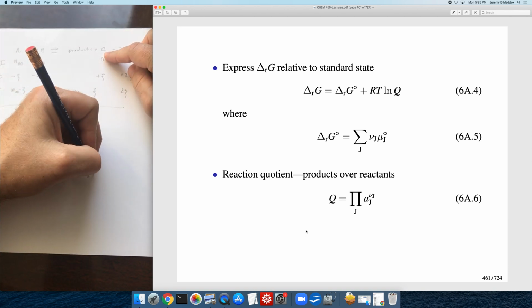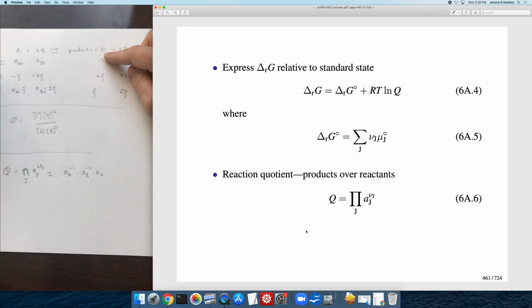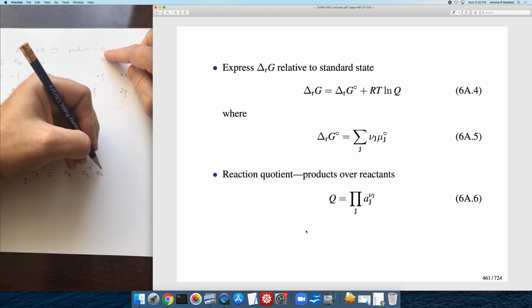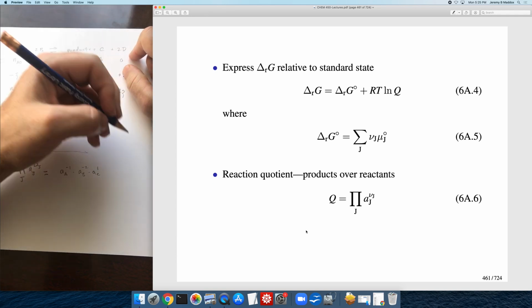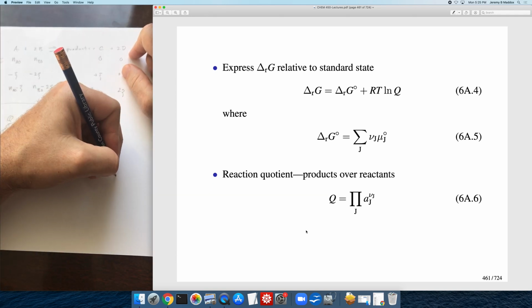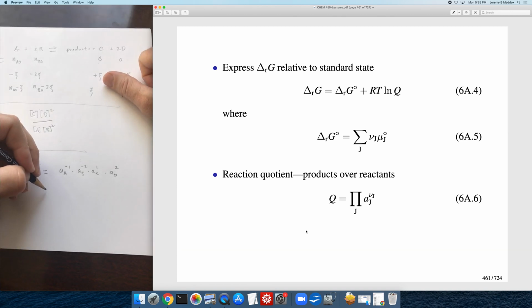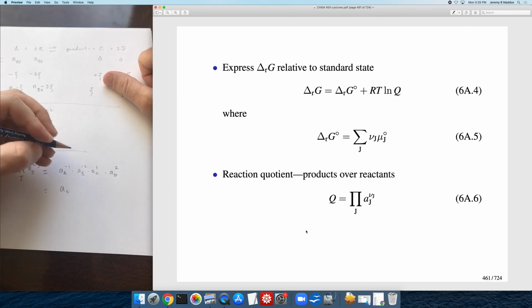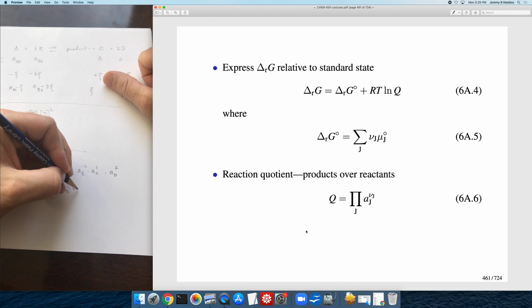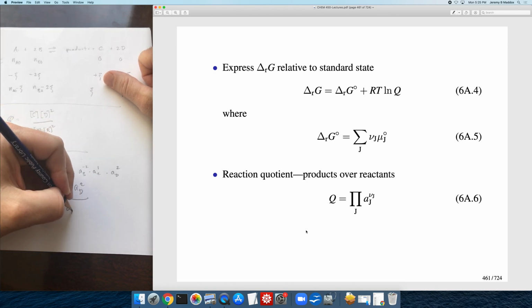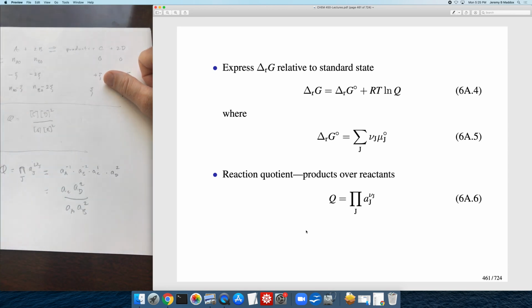The next factor, activity of species C, raised to its signed stoichiometric coefficient, which is +1. And then finally the last product, D, raised to its signed stoichiometric coefficient. And so that gives us the activity of component C times the activity of component D squared over the activity of component A times the activity of component B squared.